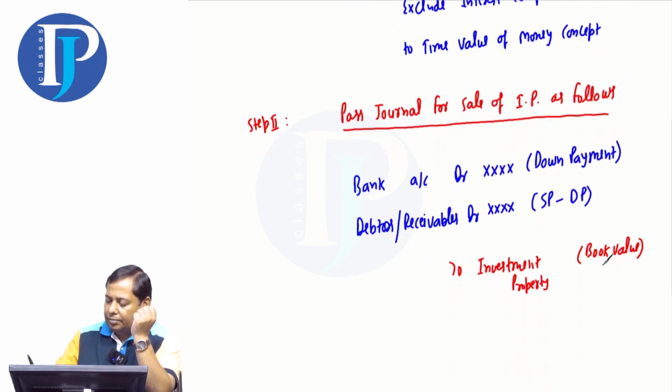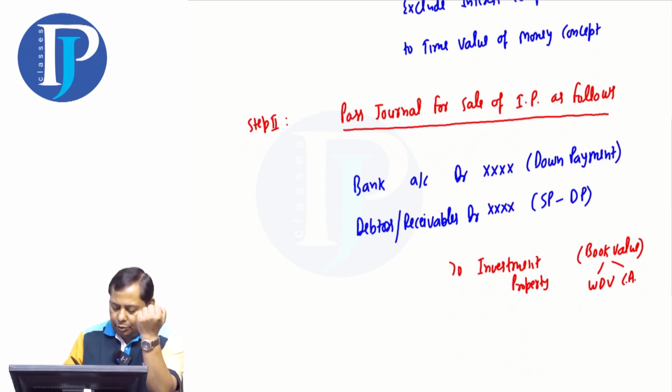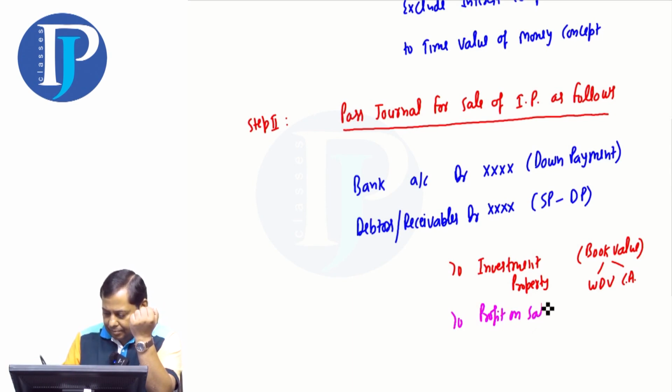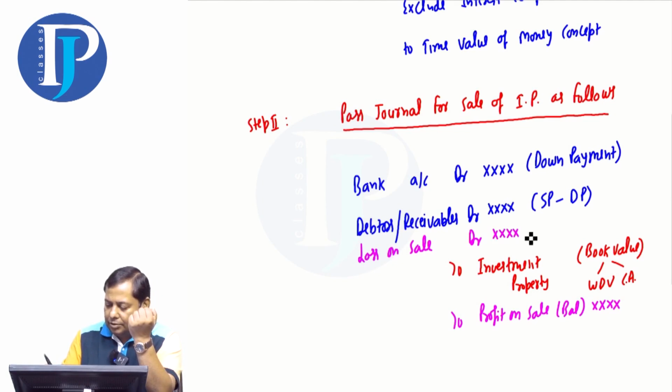Call it book value or WDV. Carrying amount. It's the same thing. They refer to the same thing. And whatever the difference is, either it will be profit on sale, the balancing figure, or it will be loss on sale. Write balancing figure also.